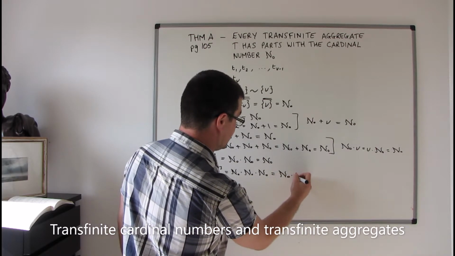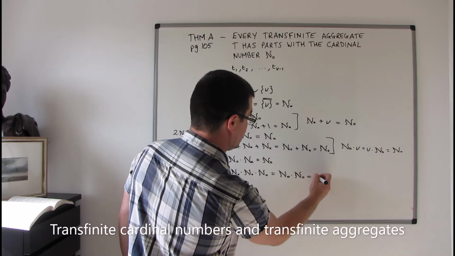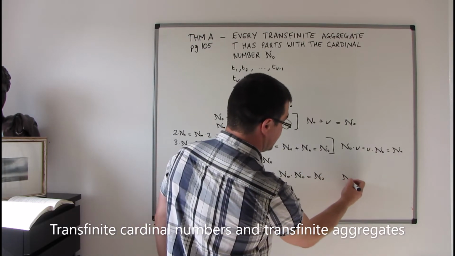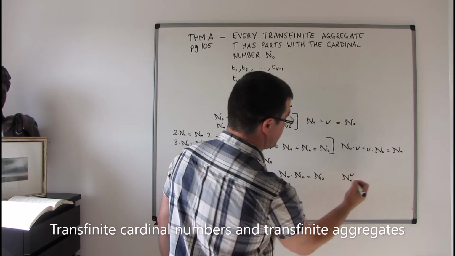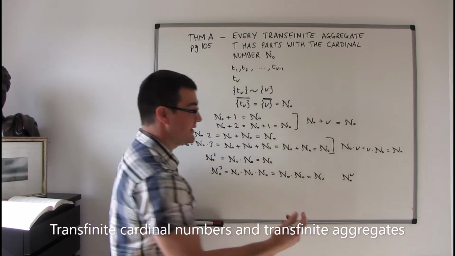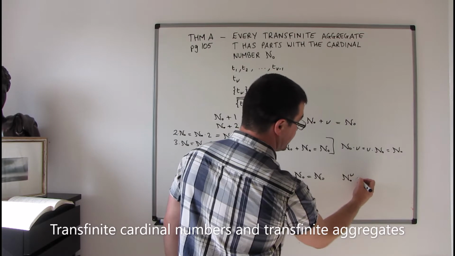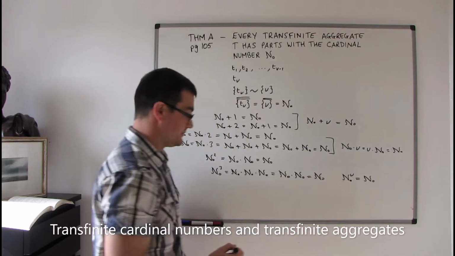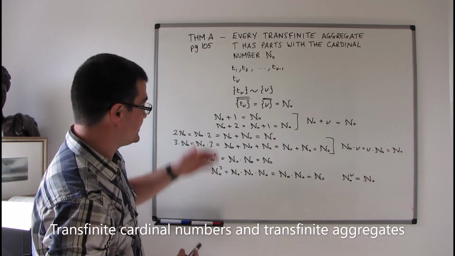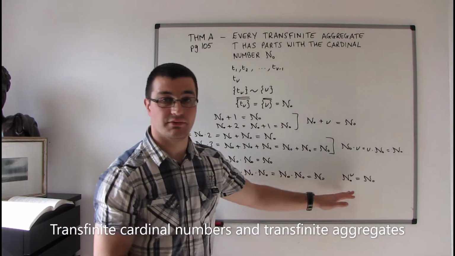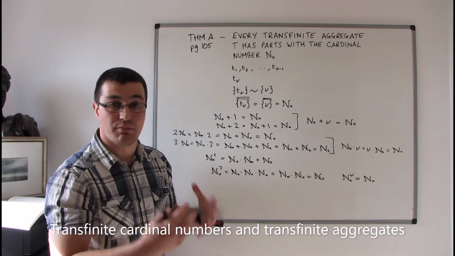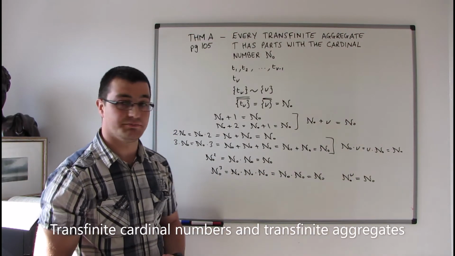A lot of Aleph naughts flying around. And similarly, I can show that Aleph naught to the power of nu, where nu is any finite cardinal, is equal to Aleph naught. So these are just some basic properties of this Aleph naught, this smallest transfinite cardinal.